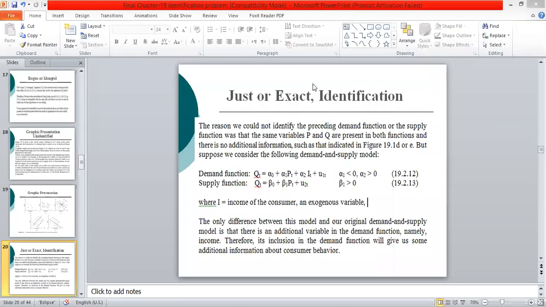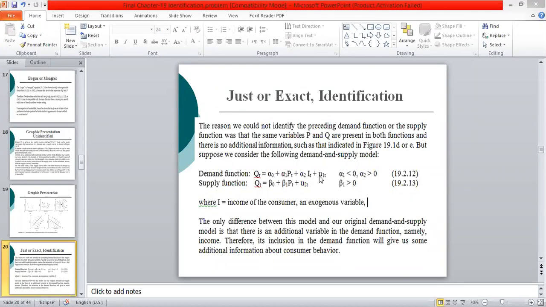So your new demand function is quantity equal to alpha naught plus alpha 1 Pt plus alpha 2 It, where It is the new variable being introduced, plus an error term. On the other hand, the supply function is quantity equal to beta naught plus beta 1 Pt plus an error term, and the supply function is the same. The demand function has been modified with the addition of the income variable in the previous demand function.